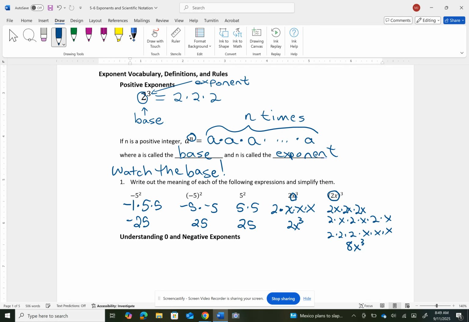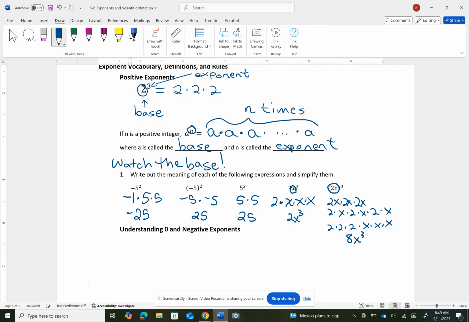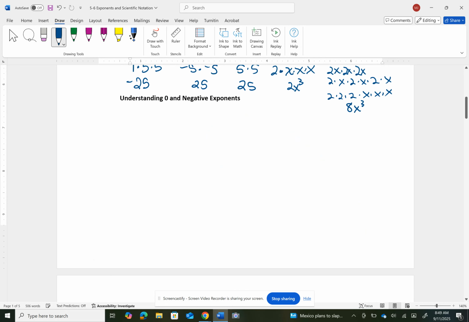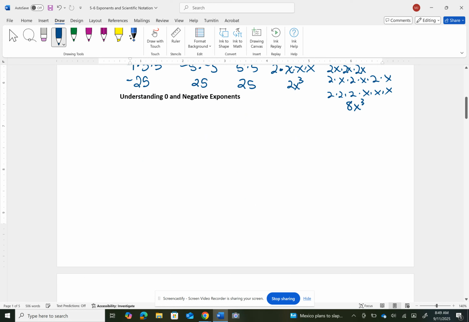Now, what I want to do down here, we know a lot about exponents that are positive, but I want to help you see what an exponent of 0 or a negative integer exponent might mean. So I just want to look at some patterns to figure that out.